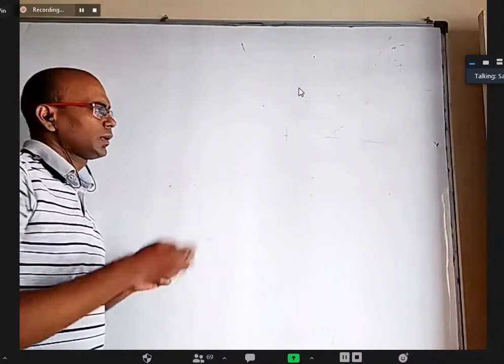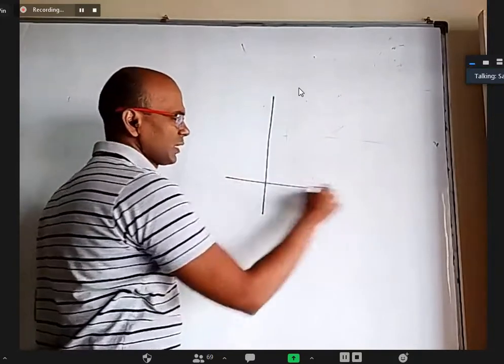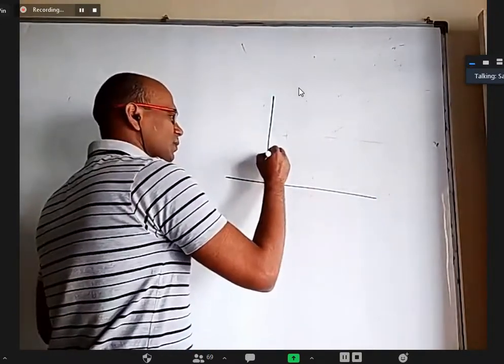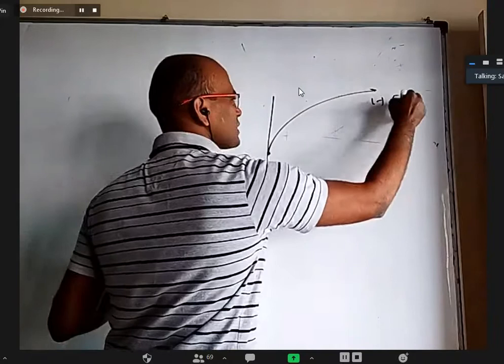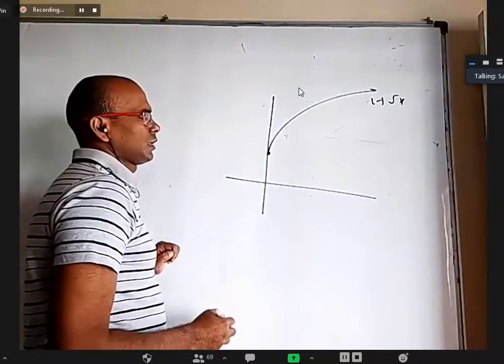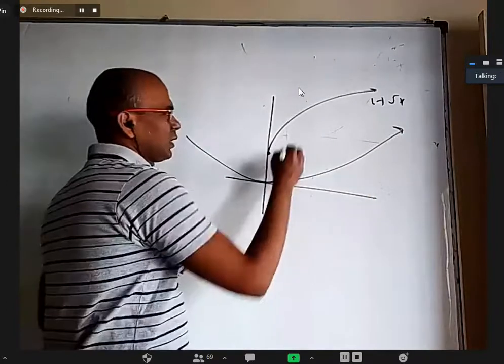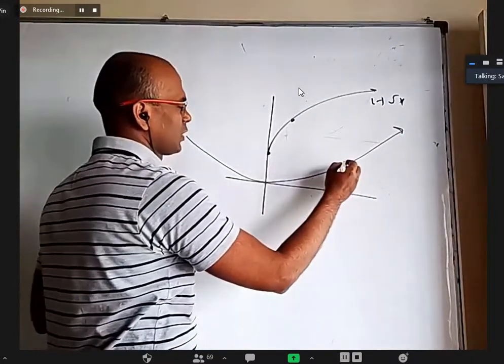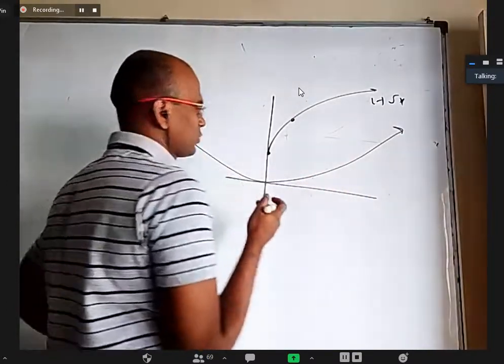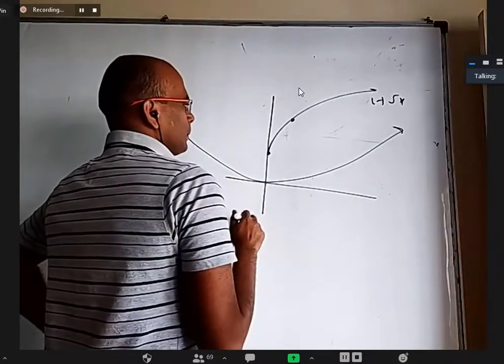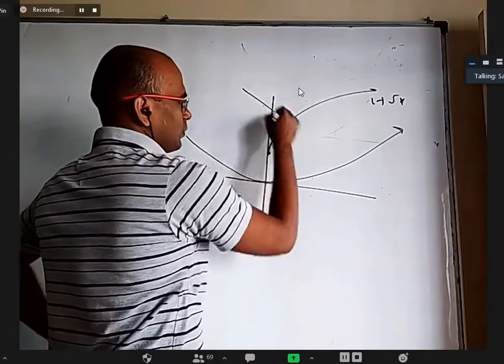Even, for example, one of the last questions that we have done where there was a parabola where 1 plus root x is the graph, and there was another parabola like this, and we wanted something between 1 and 2. Some question was there, right? There's one line like this.